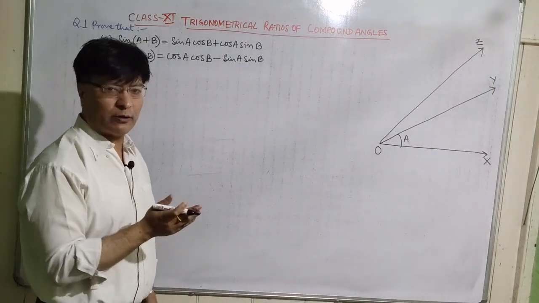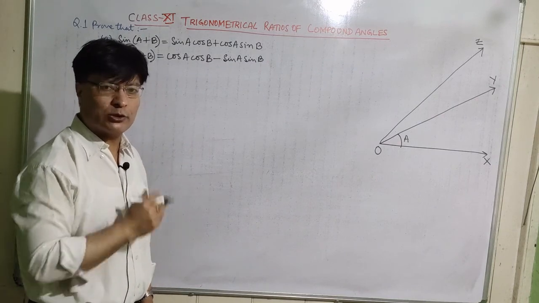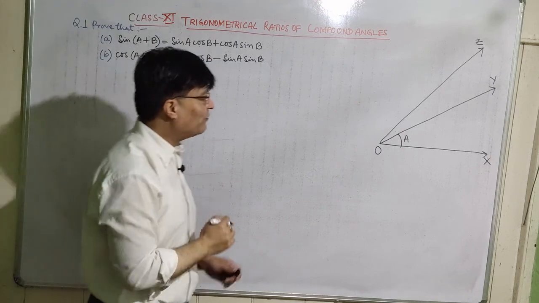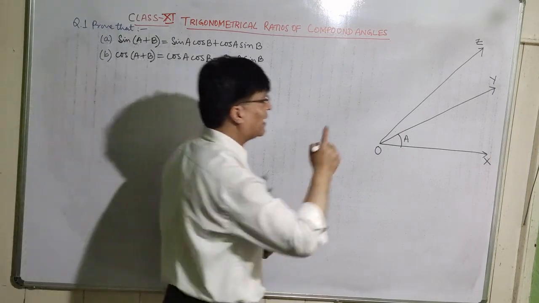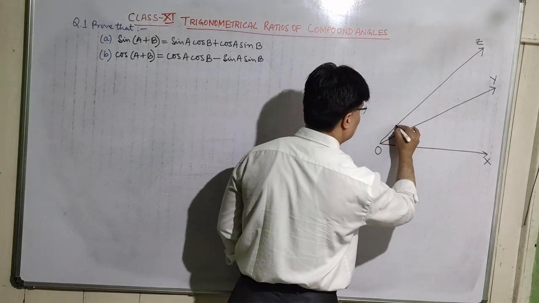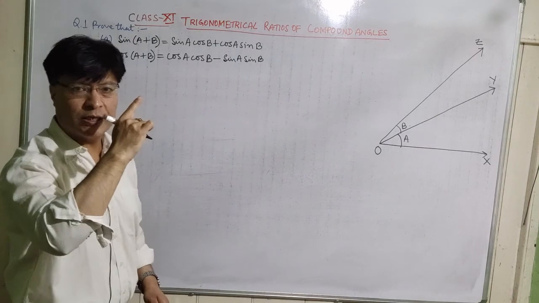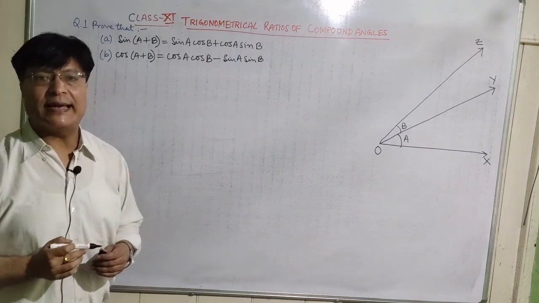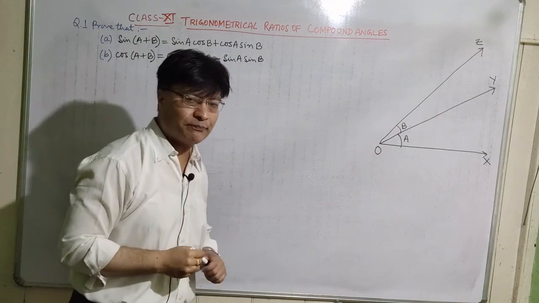Let OX be a revolving line. It revolves and traces out an angle XOY is equal to A, and then again revolving further traces out another angle YOZ is equal to B. Is that clear? So here OZ is the final line in this case. So I hope you have understood this figure.